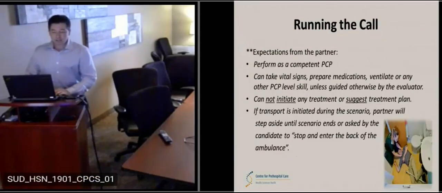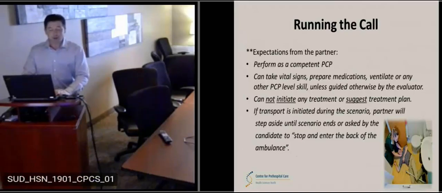So again, expectations from your partner. Your partner is supposed to be, or will be, a competent PCP. Again, they can take vital signs, prepare medications, ventilate. Make sure you guide them with the specific task that you want them to perform.